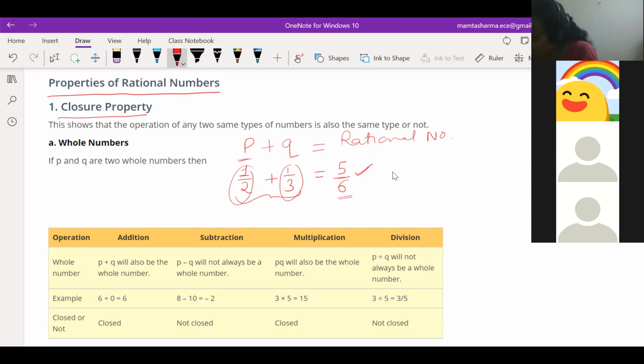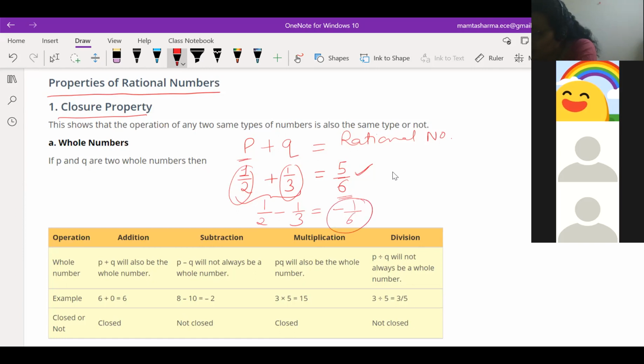Now if you subtract two numbers, check whether you are getting a rational number. If you subtract 1 by 3 from 1 by 2, we will get 1 by 6.